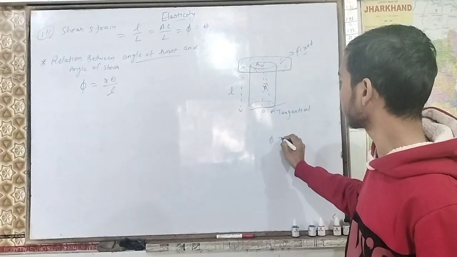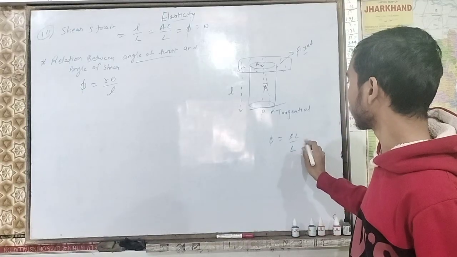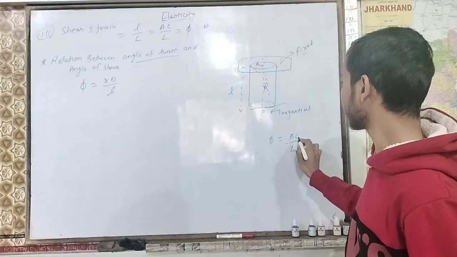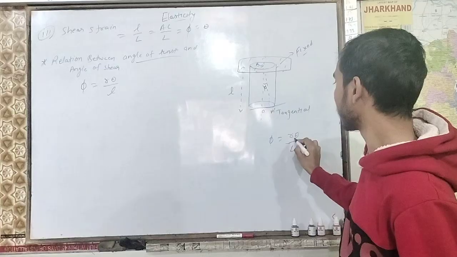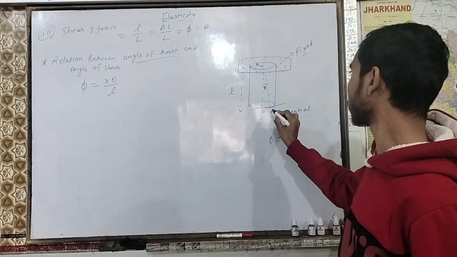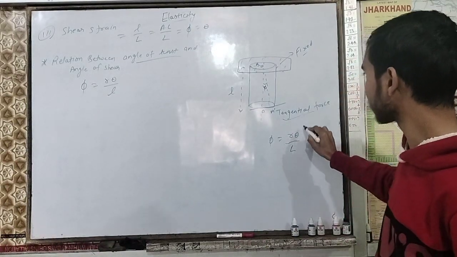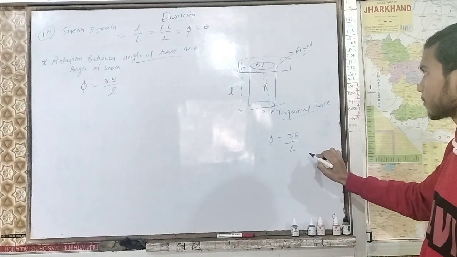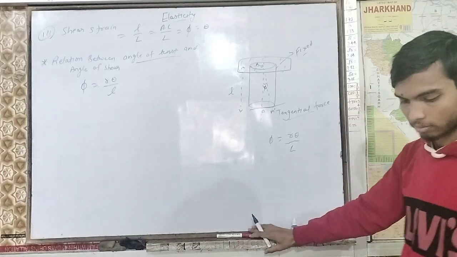This theta is equal to change in length upon L, but we will replace this change in length with r theta, which is how much it rotated. This r theta has been rotated by this tangential force, whose length was this much.